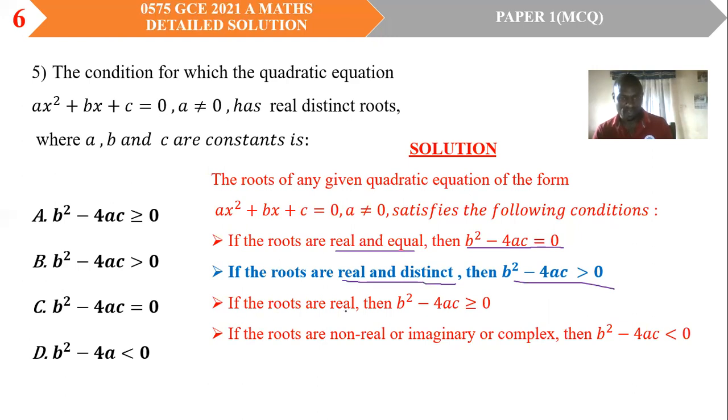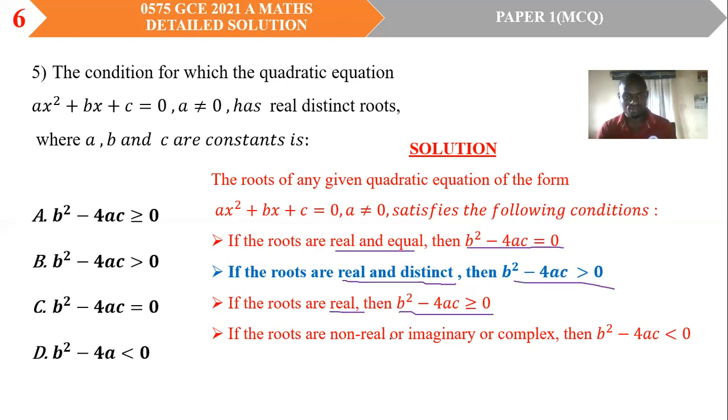Now, if the roots are real, just real, then b squared minus 4ac is greater than or equal to 0, which means that saying the roots are real, we combine the first 2 conditions above. So roots being real implies that b squared minus 4ac is greater than or equal to 0.